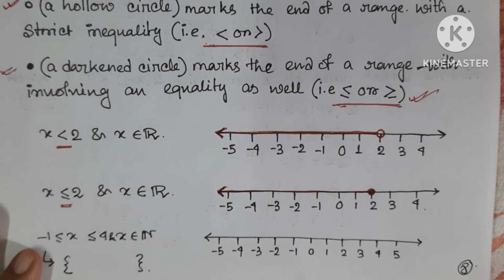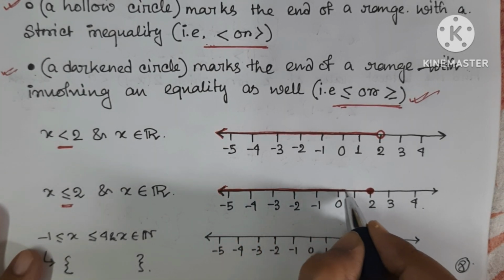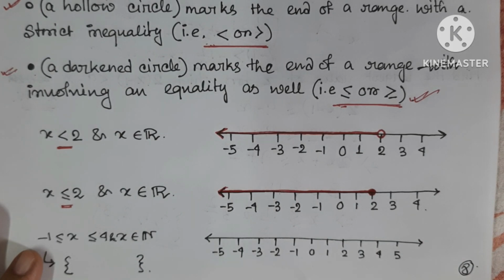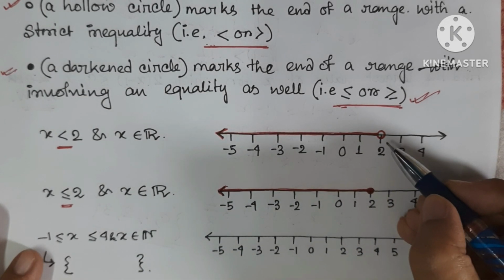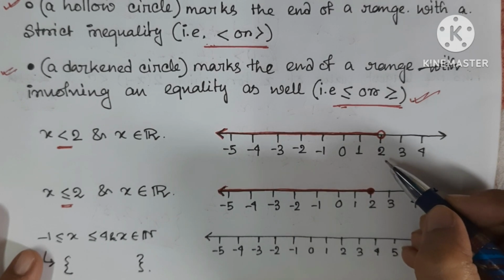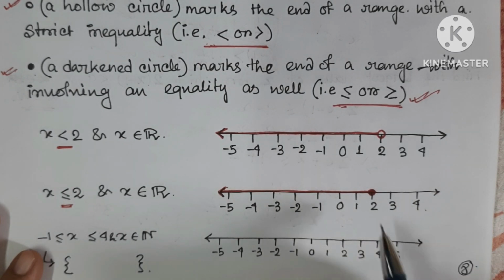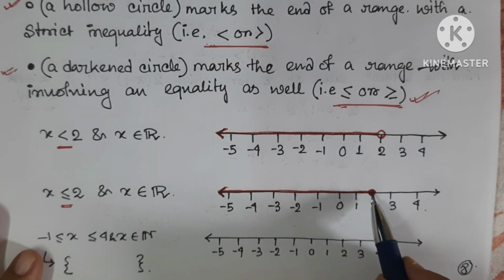Okay, this way. So simple. Hollow circle means 2 is excluded, that number is excluded, and darkened circle means the end is included.